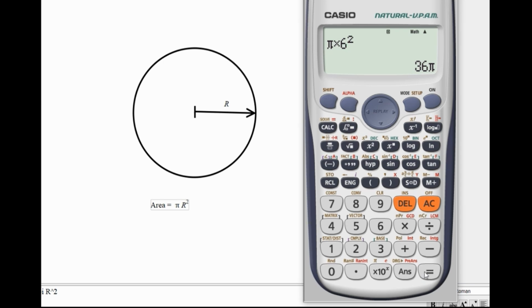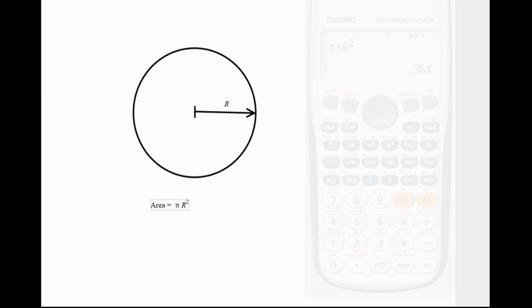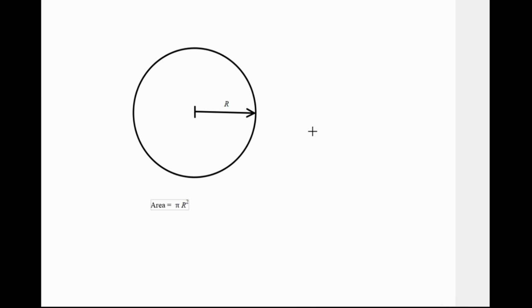Use pi because pi is one of those magic numbers where the decimals just keep on going and going forever and ever. They never stop. Using that symbol is precise. Trying to round the decimal is not precise. Unless they tell you to round the decimal to a certain number of places, use pi. Right, that's the overview. Now we can look at perhaps some examples which will be in the next video.